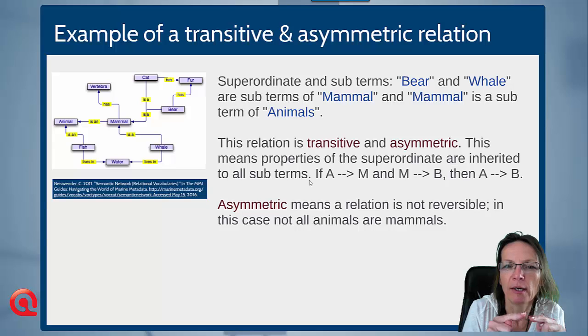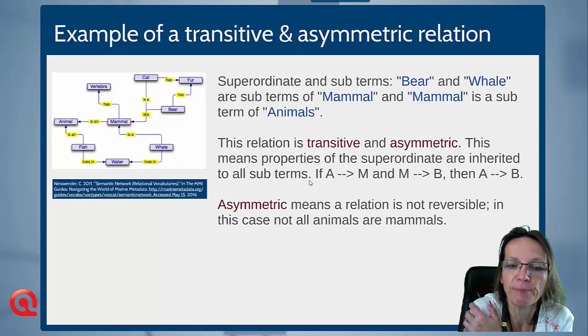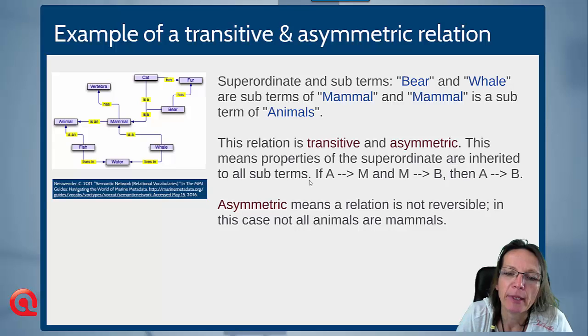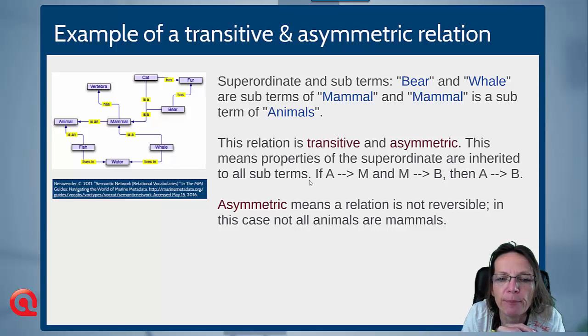The relationship between animals and mammals is an asymmetric one, because not all animals are mammals, because we have also vertebrates and non-vertebrates, and so on. So an asymmetric relationship means a relationship is not reversible, so that's maybe also something you can remember. In that case, as I mentioned, the animals and the mammals.